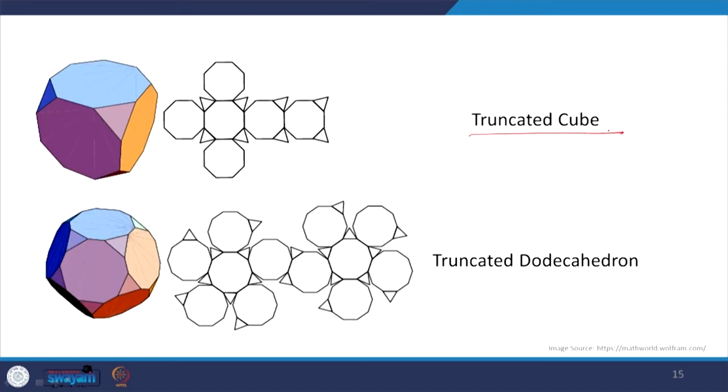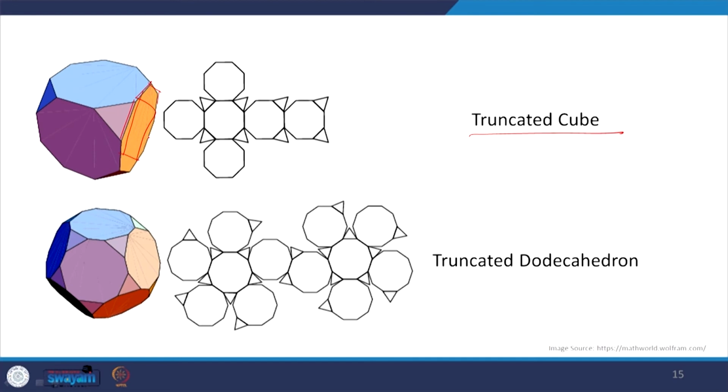Truncated cube is simple. We are just truncating the cube in such a manner that it is not as in the cuboctahedron, where we were truncating the cube such that it was giving us a square. Here it is giving us an octagon. So this is actually a truncated cube.